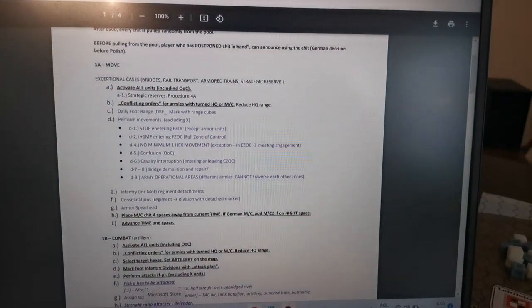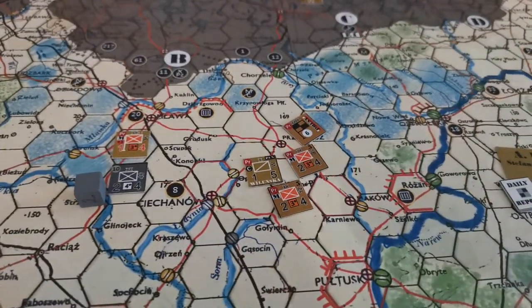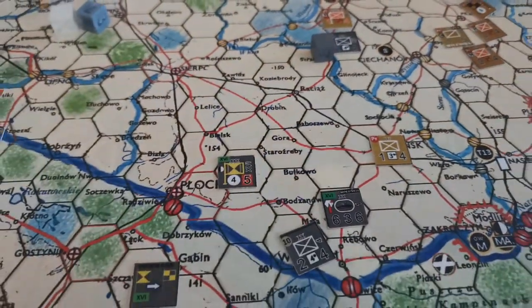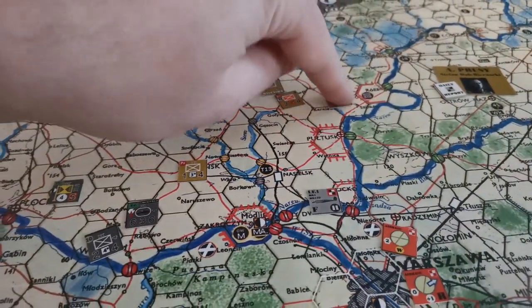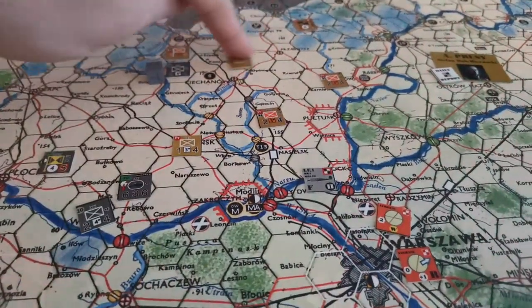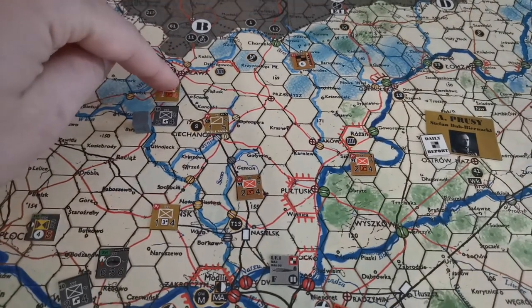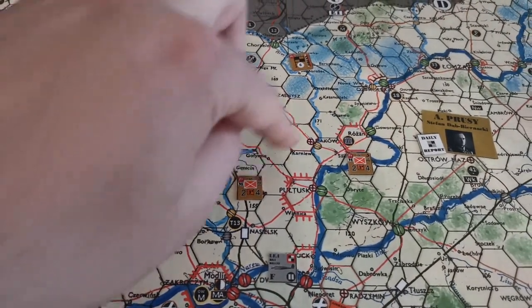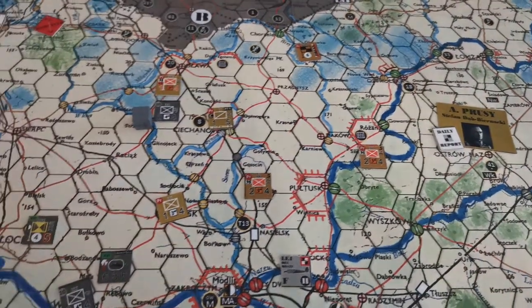Next one is D9, Army Operational Areas. Basically, different armies like Army Prusy, 10th Army, 8th Army, and all other armies have operational boundaries, which go like this from unit to unit. So for example, right there, right there, right there, and this would be the army operational boundary.